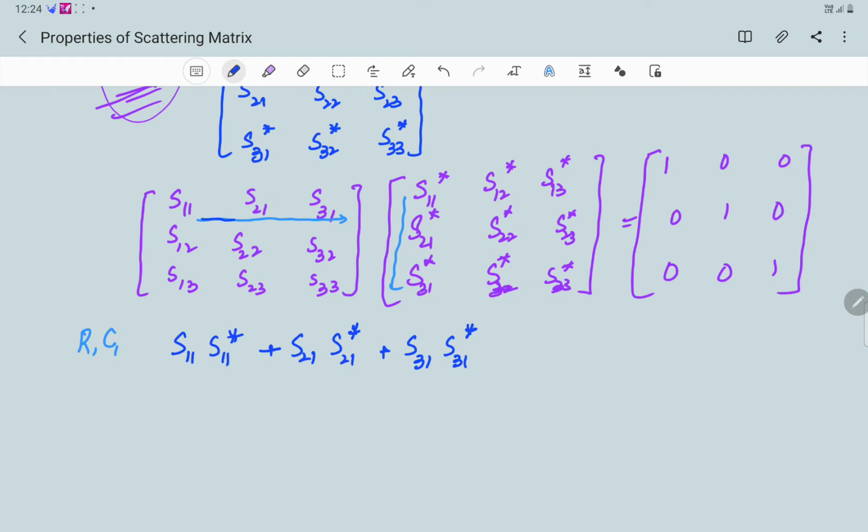So I multiply row 1 with column 1, so that would be equal to the first element of the unit matrix. So this has to be equal to 1.